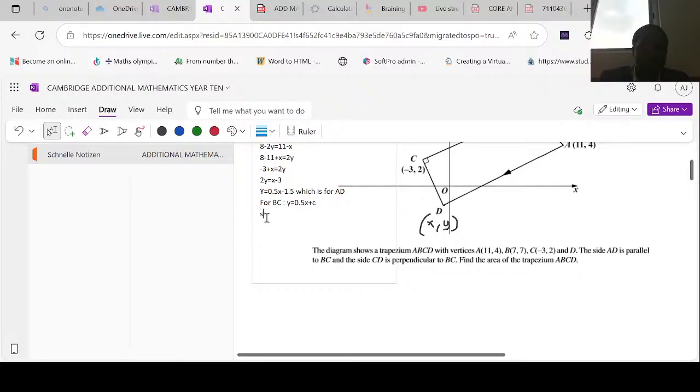So we now say since BC passes through (7,7), that means where x is 7, y is 7, we'll now use it.